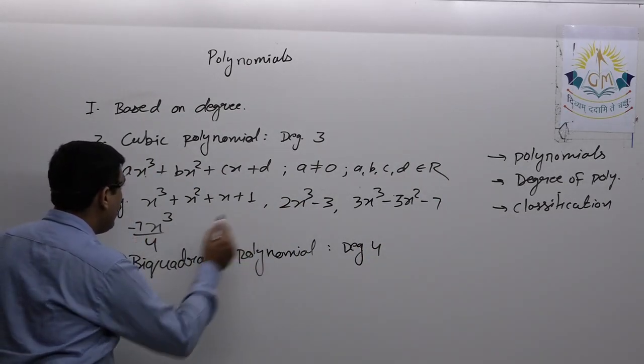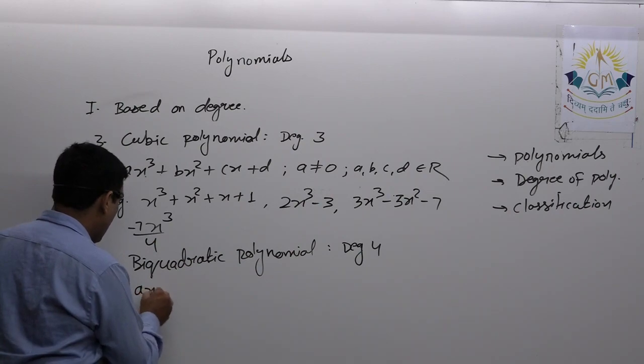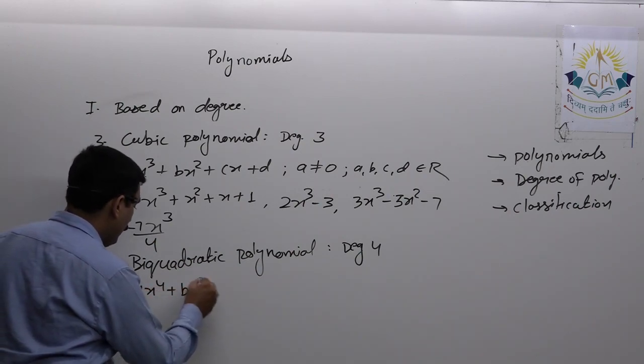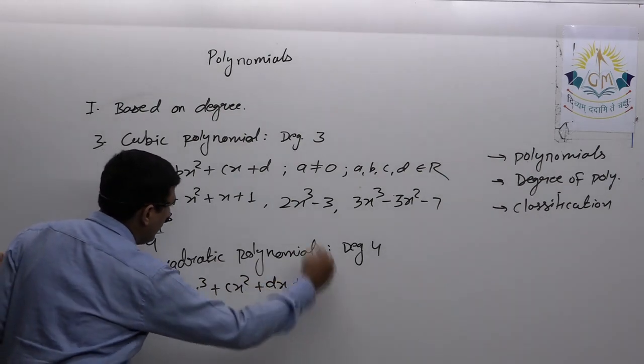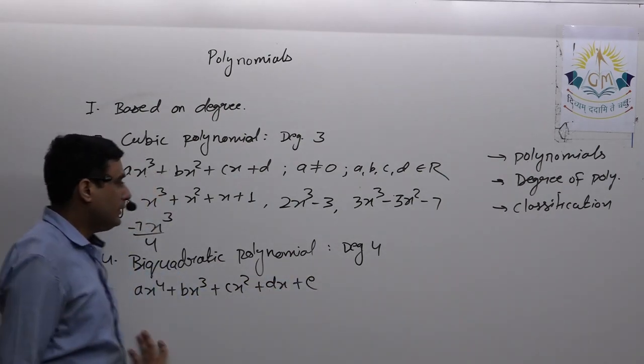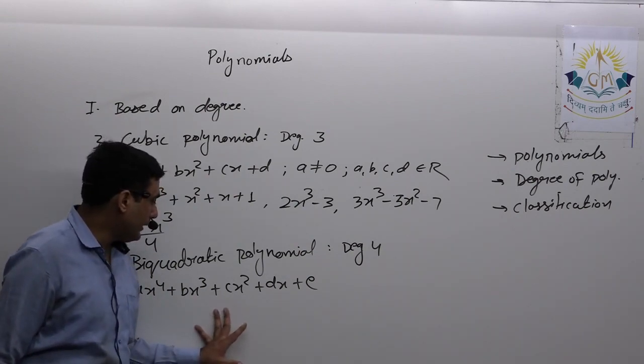Now standard form of biquadratic polynomial is ax raised to 4 plus bx cube plus cx square plus dx plus e. This is the standard form of the biquadratic polynomial.